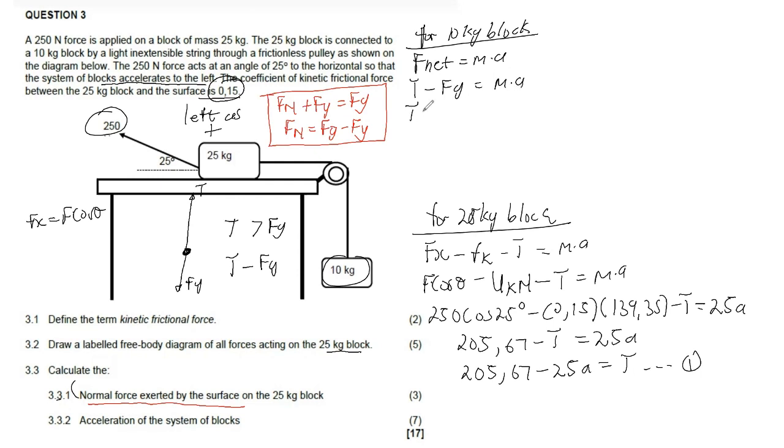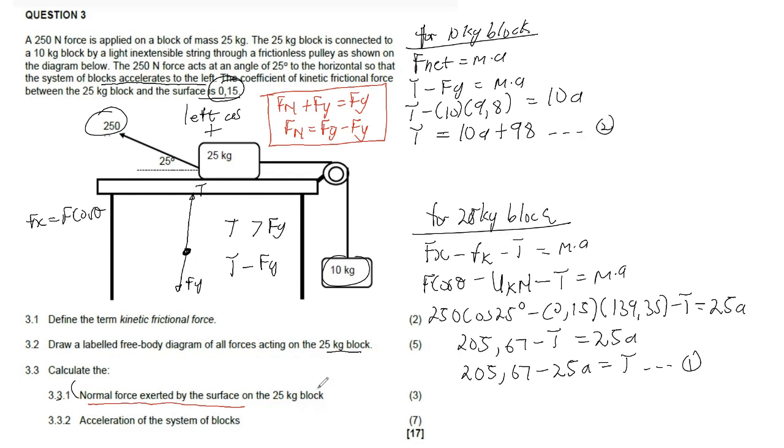The tension is what I don't have, but then my mass is 10 kg and my gravitational acceleration is 9.8. Then this is 10a here. So this will be T is equals to 10a. The 10 times 9.8 gives us 98. If you transpose it to this side, it's positive 98. Right, so I will call this my equation number 2.